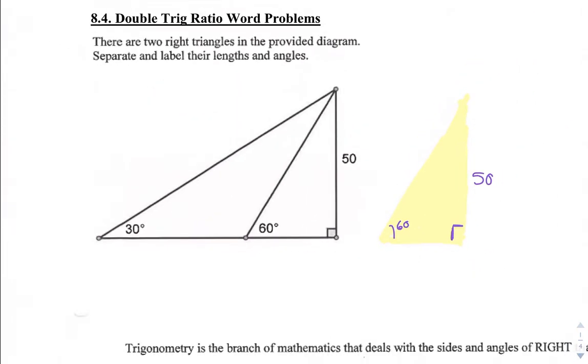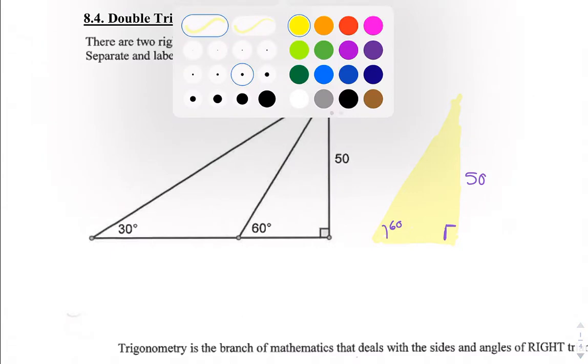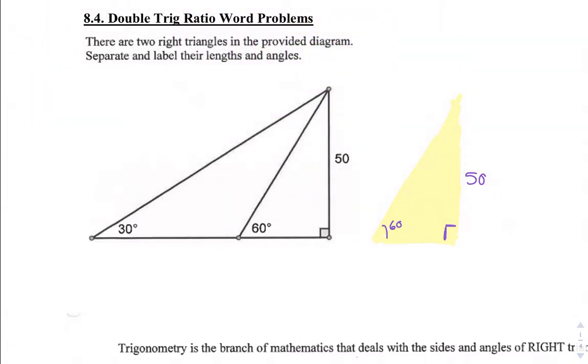So my second triangle, it has to be a right triangle. So I'm going to start with this side here, and if I'm using that, it would have to be this big triangle. So here's my big triangle. If you notice, it's the one where it's 30 degrees, and it also has the side length of 50.